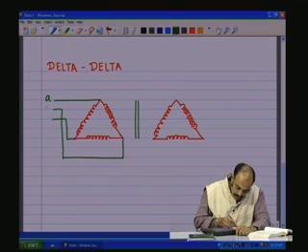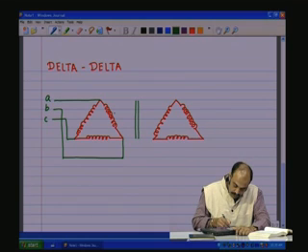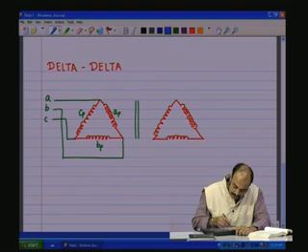This is the A, B, C lines. So, this would be your AP coil, the BP coil and the CP coil. So, the dot polarities are as shown. Give some thought to the dot polarities.